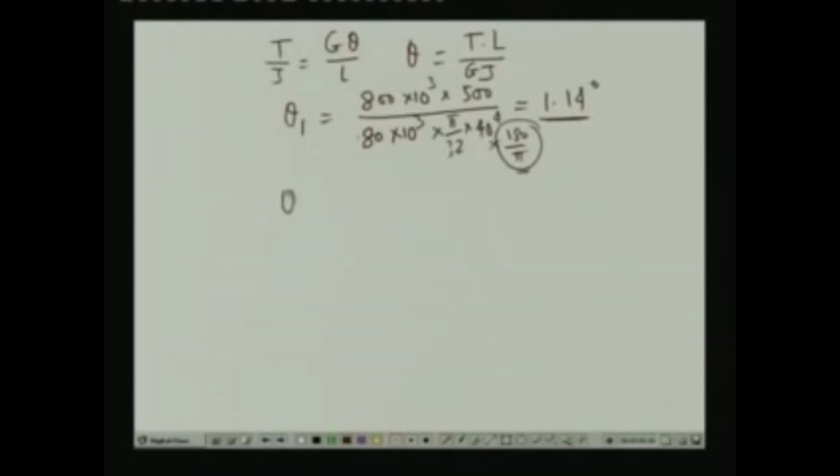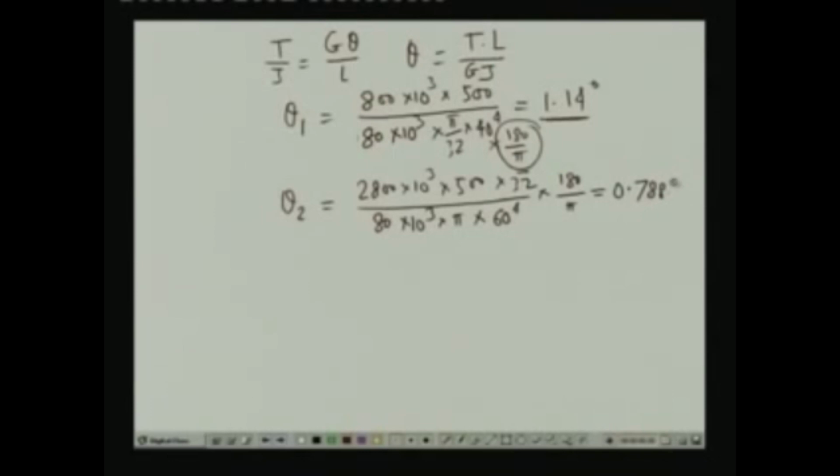Now, for segment 2, theta 2, if we compute in exactly the same form, only we have a twisting moment of 2800 into 10 to the power 3 into 500 into 32 divided by 80 into 10 to the power 3 into pi times 60 to the power 4, into 180 by pi for converting radian to degree, this comes as 0.0788 degree.